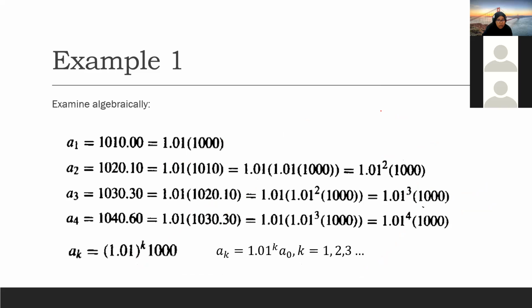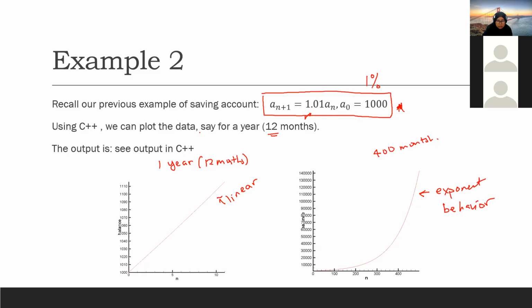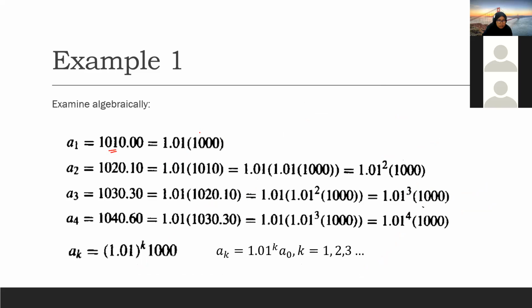Okay, now, what if we examine this algebraically? Do some algebraic manipulation. Okay, so what we do is, first of all, A1 is just the rate, this one from this one. So this is like the rate, and this A naught.